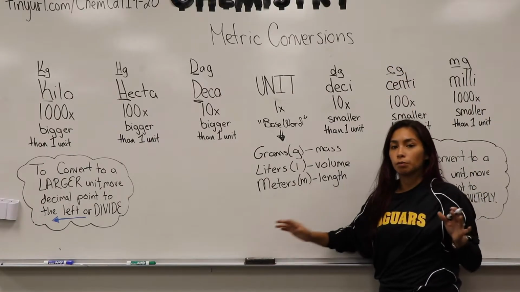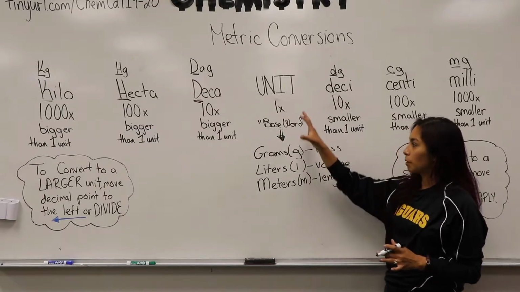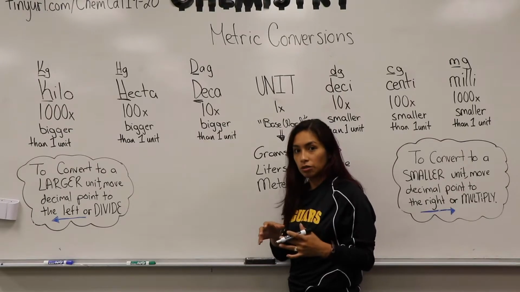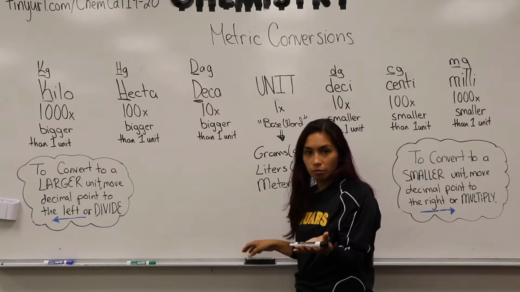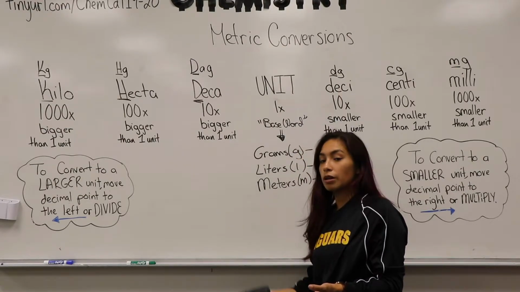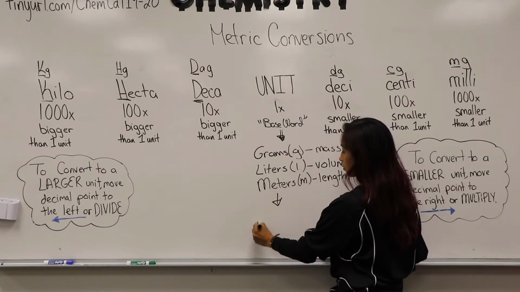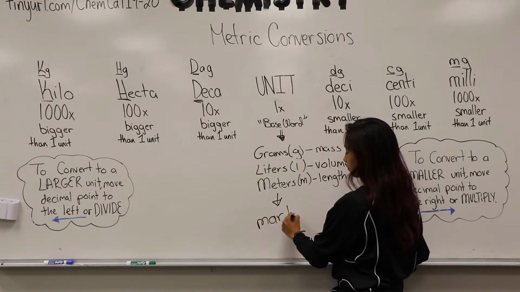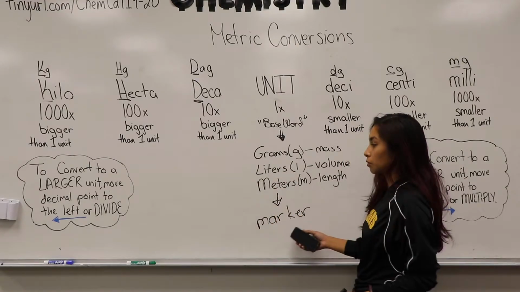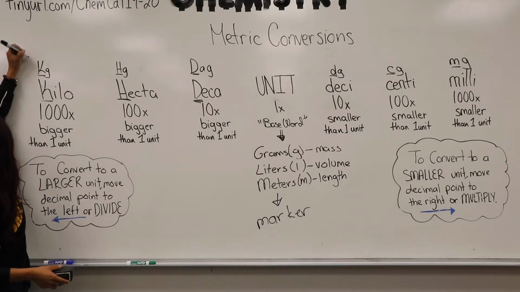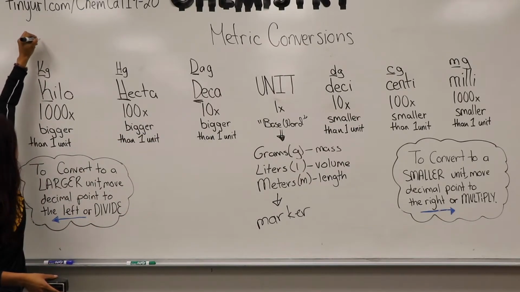Now, to put things into perspective, let's use the base word grams. So when we're measuring how heavy this marker is or this eraser is, we'll probably want to use grams. But if we're trying to measure a human being like you and me, we'll probably use kilograms.